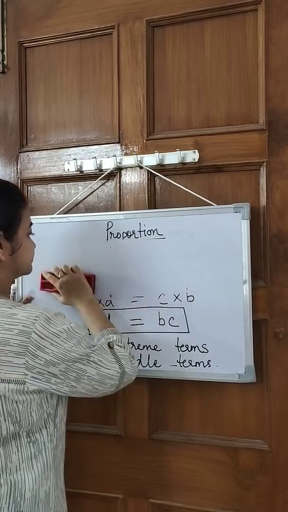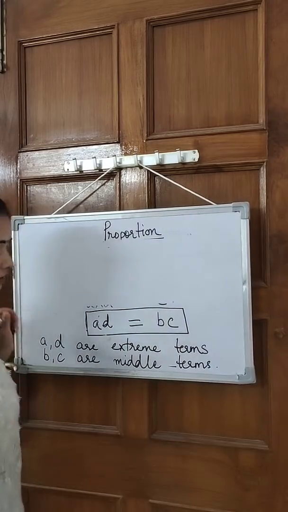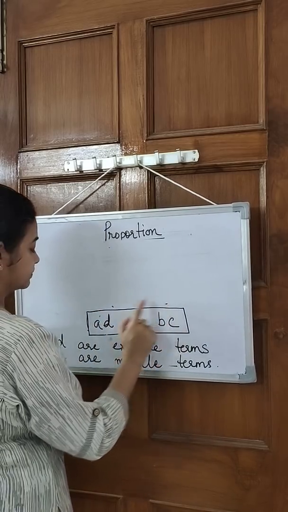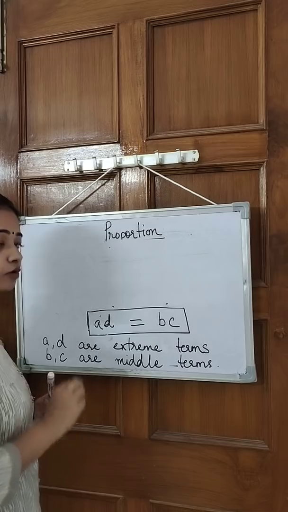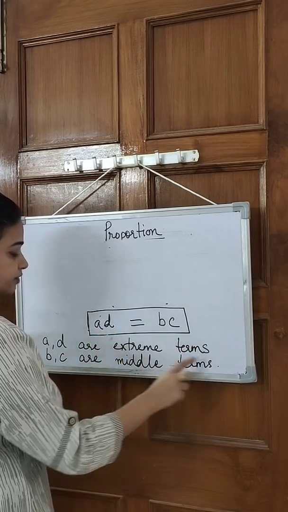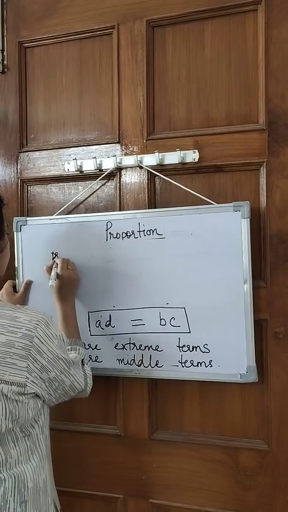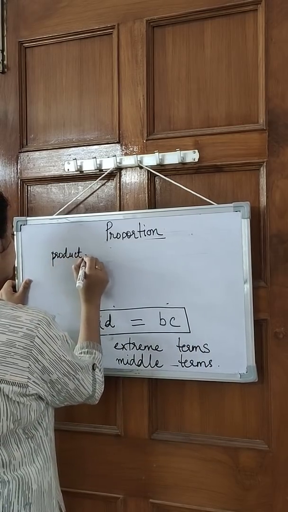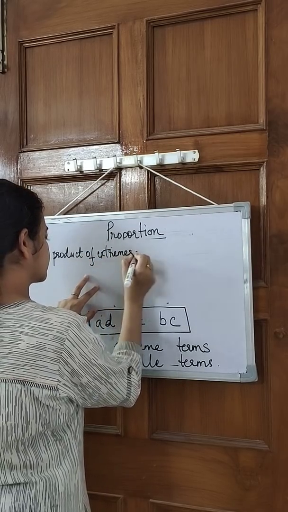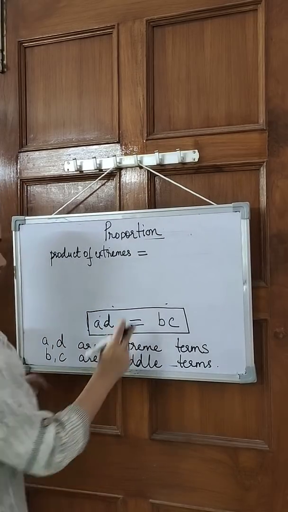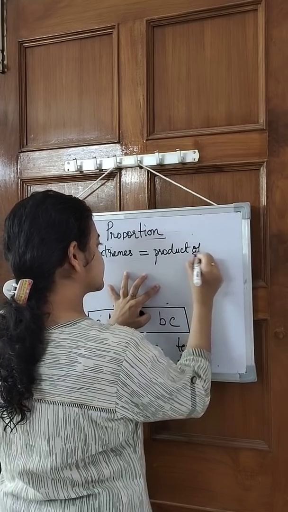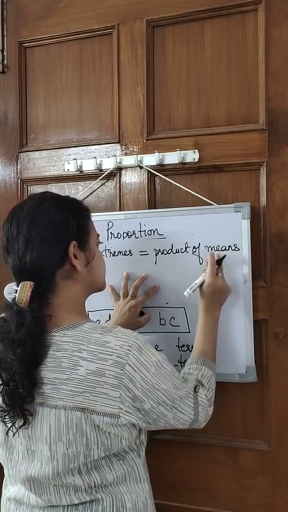Since I am saying extreme terms, middle terms, in place of A, D and B, C, I am multiplying these two extreme terms. So product of extremes is equal to product of means. We don't say middle in this case, we say means.